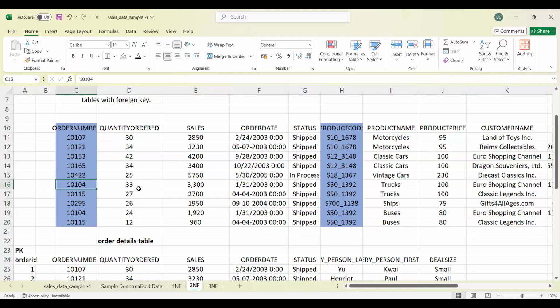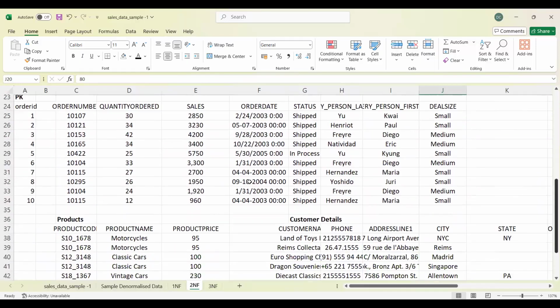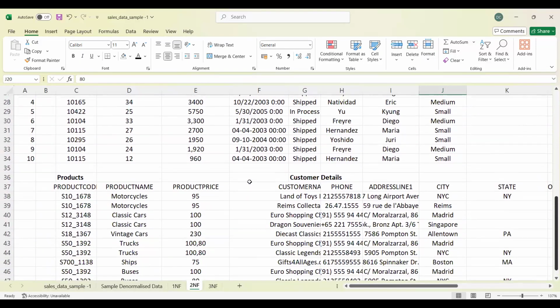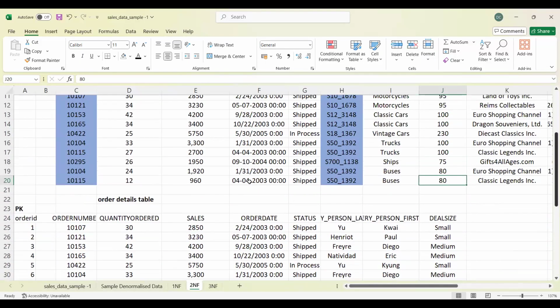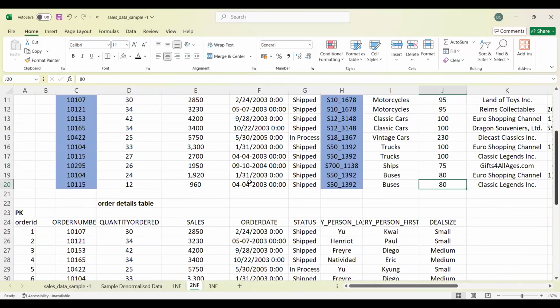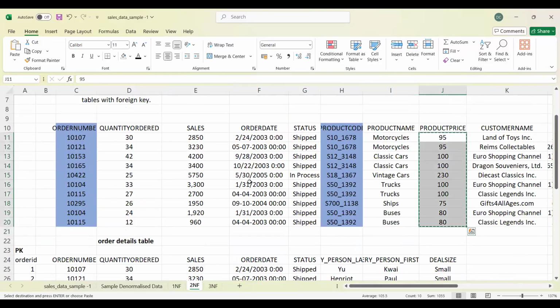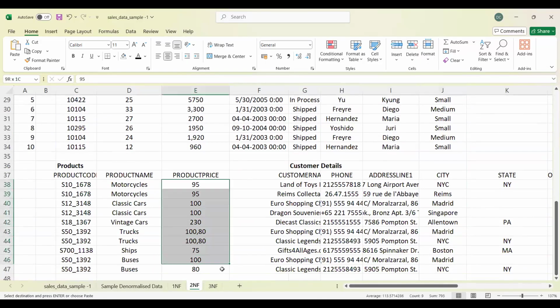So this is common, right? For trucks the product price is 100, for buses the product price is 80. In the same way I just split that data. Now this is my data basically.